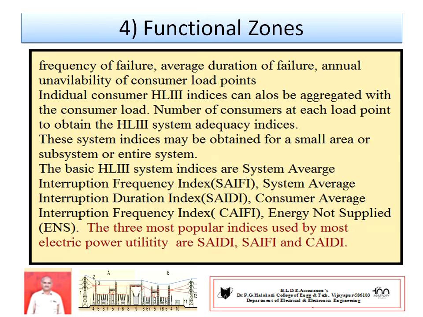The basic HL3 system indices are the system average interruption frequency index, SAIFI, the system average interruption duration index, SAIDI, the customer average interruption frequency index, and energy not supplied, ENS. These different indices are used in the HL3 system to find adequacy levels.